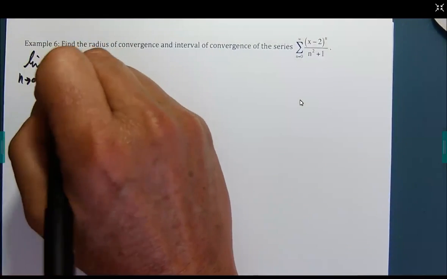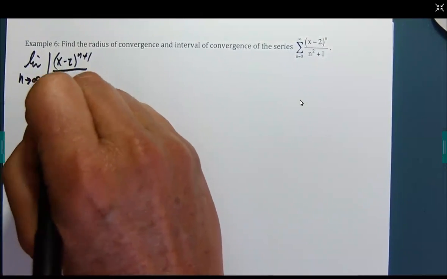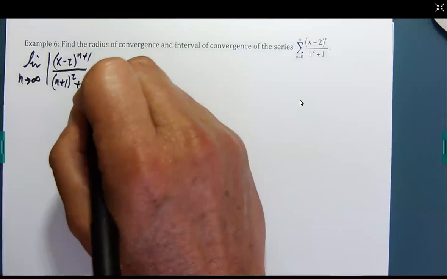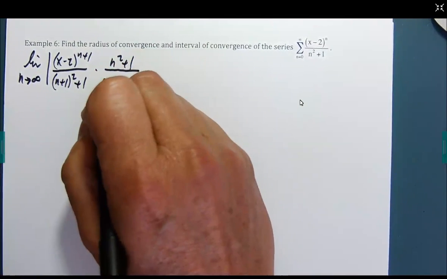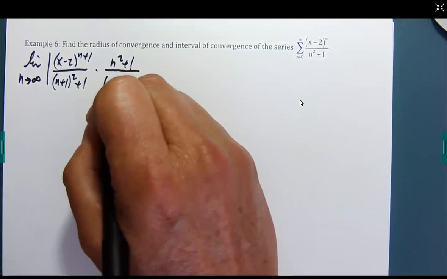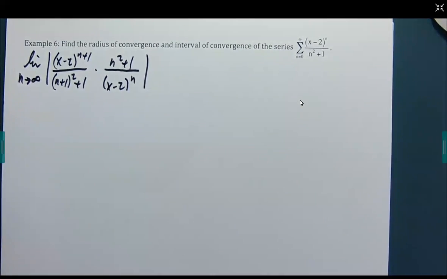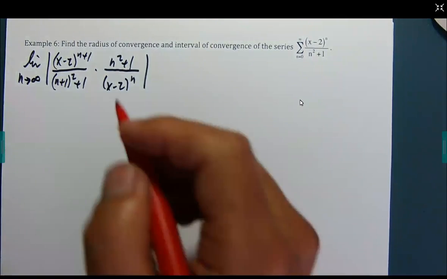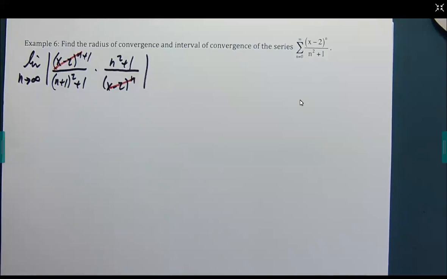X minus 2 to the n. And I will notice that that reduces there. We're left with one of them.